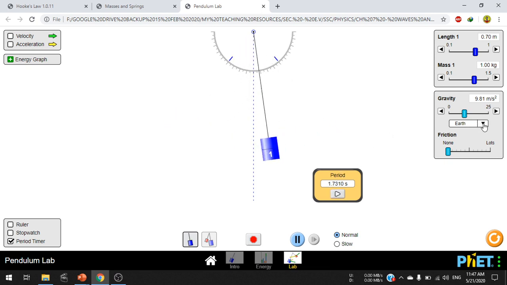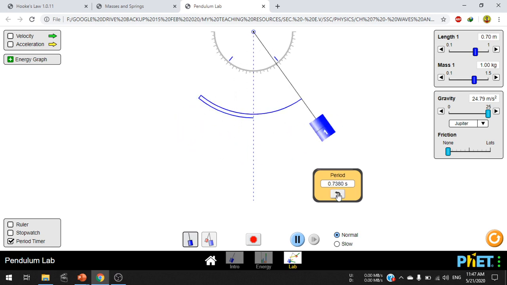But now if we increase the gravity, for example, if we take the gravity of Jupiter, 24.79, almost 2.5 times greater than the gravity of Earth, then we will see there is a significant reduction in the time period. Now the time period is only about 1 second. So we have increased the gravity. Now the time period has shortened.